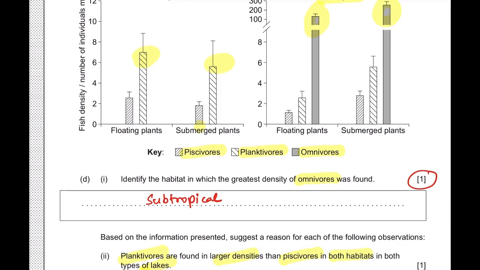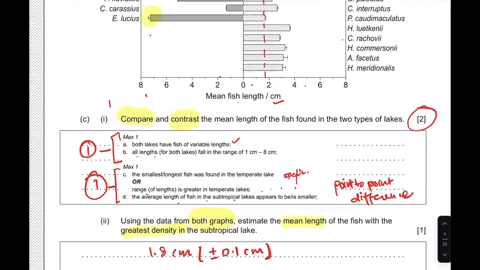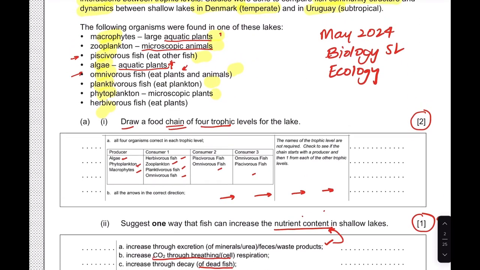We have the information from the first part about the eating habits: piscivores fish eat other fish, means they are carnivores, and omnivores fish eat plants and animals, so this is omnivore.